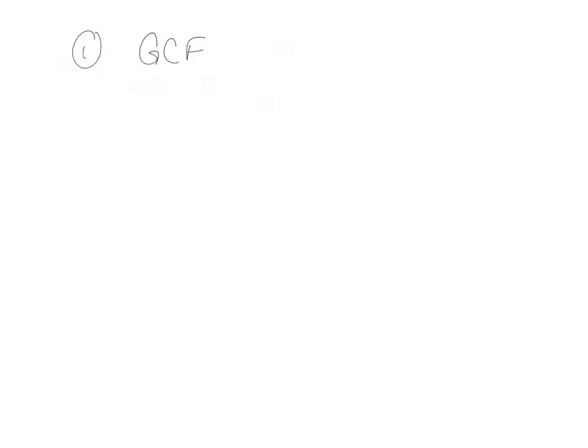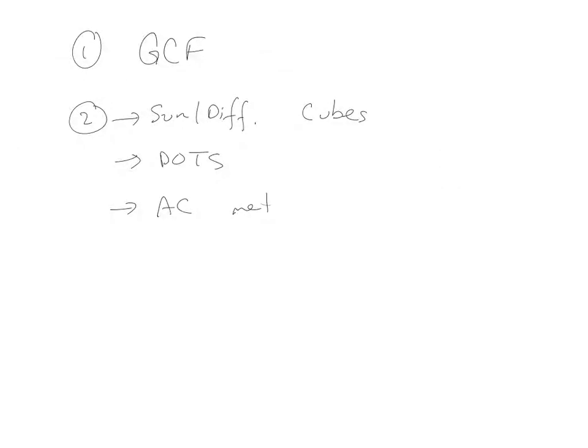Now, once you take out a GCF, you have several options here. You could see something that has sum or difference of cubes, that's a special factoring technique. We could have difference of squares. We could use AC method. We could use just regular grouping. Remember, AC method has grouping in it, so we do AC method, then we do grouping.